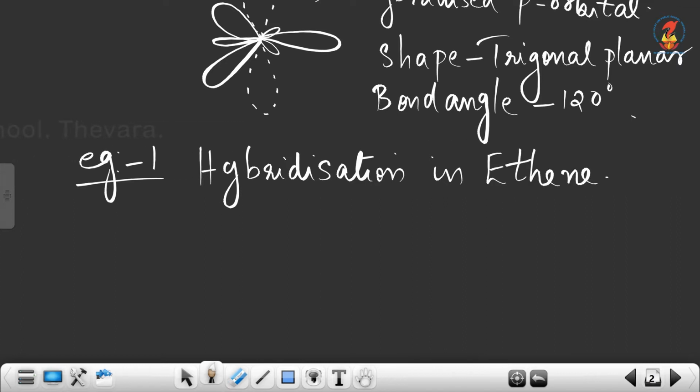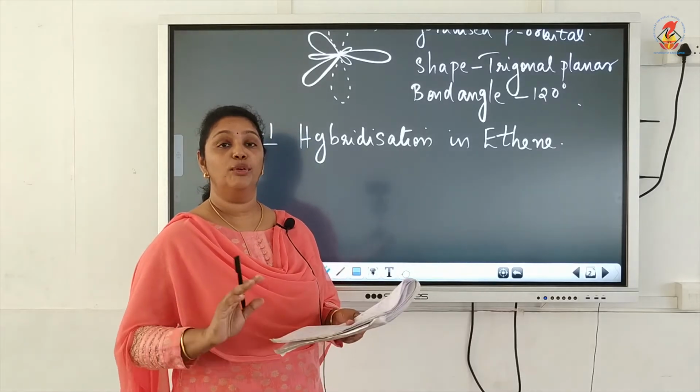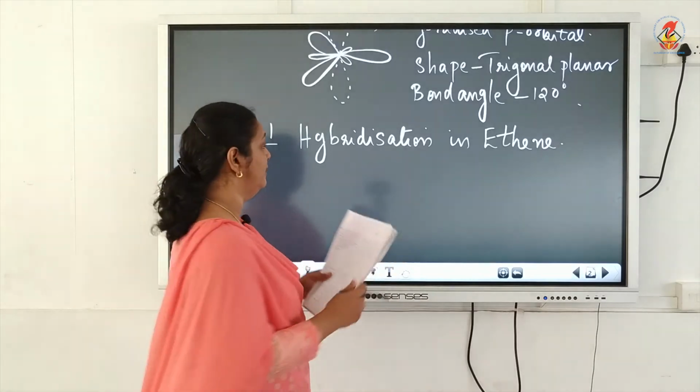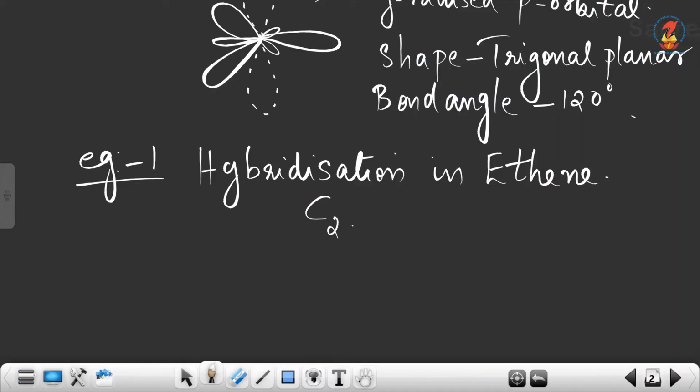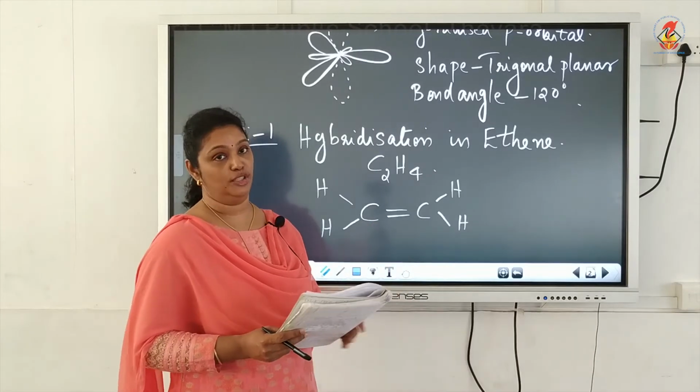We know that ethene is an alkene and it contains a double bond, and the molecular formula of ethene is C2H4. Now when you draw the structure, this is an organic compound, so there is a double bond between two carbon atoms and there are 4 hydrogen atoms in ethene. This is the structure, CH2 double bond CH2.